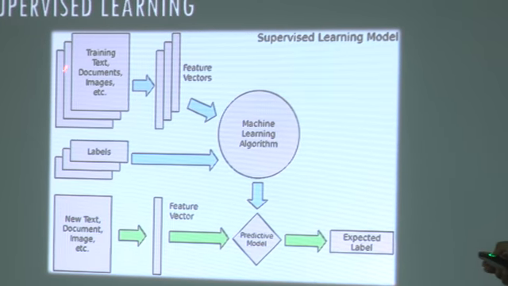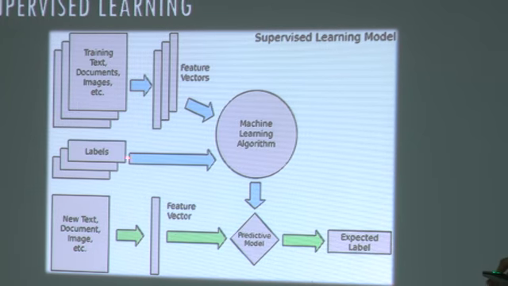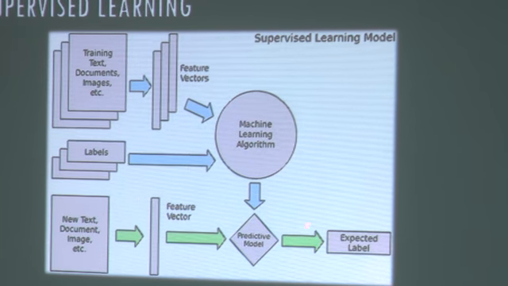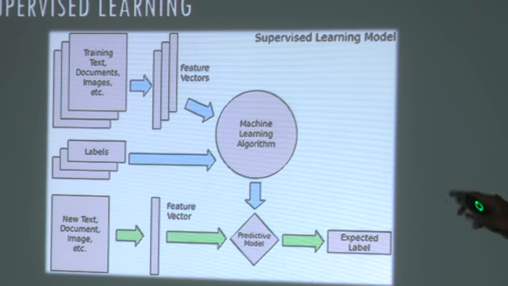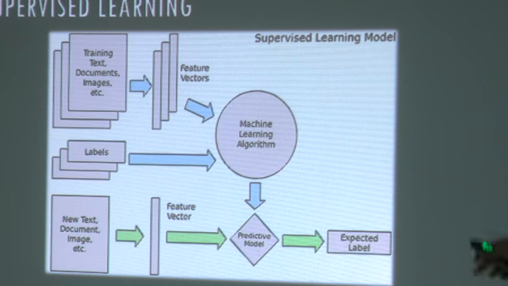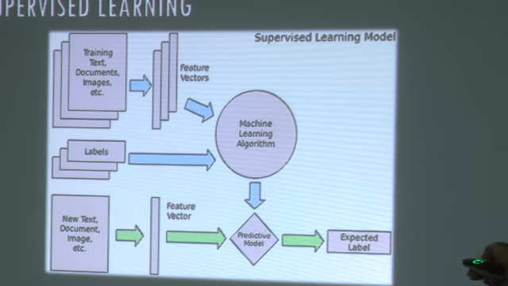We have some historical data that we give to it, and we also categorize certain labels, and then we give it to the learning algorithm. And whenever there is a new text or document given to this machine, it predicts what the categorization should be for this new text data, depending on what the historical data has been.